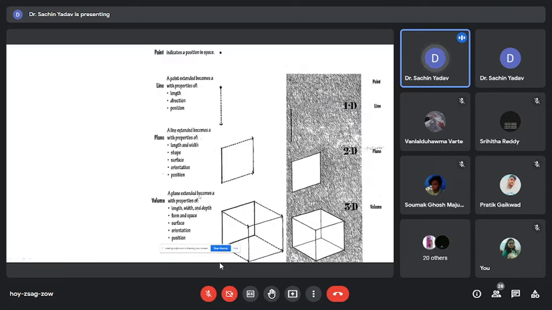A plane extended becomes a volume with properties of length, width, breadth, and depth. Surface orientation and the position in the volume.